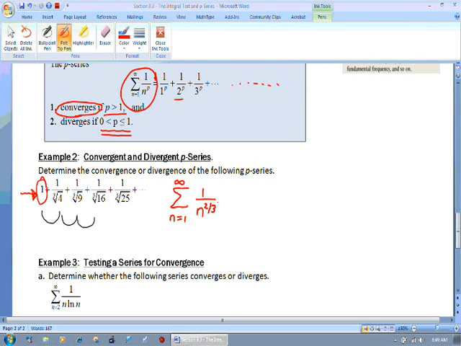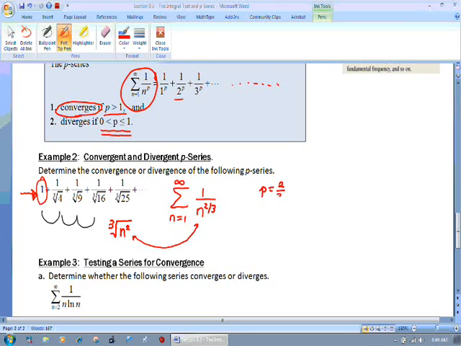If that bothers you, there's nothing wrong with temporarily thinking of that denominator as the cube root of an n that would be squared. But you'll see that there is a direct connection, an equivalence in fact, between those two terms. So hopefully it becomes very easy to see that p is 2/3.